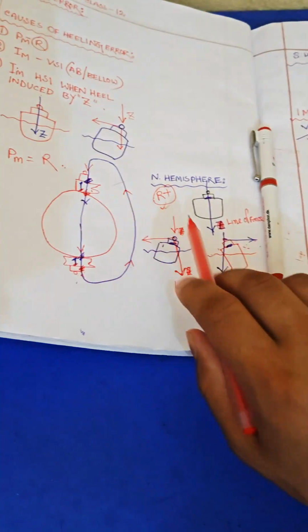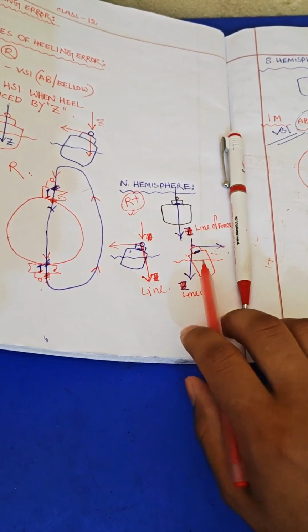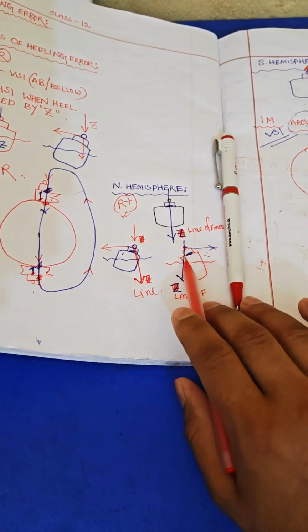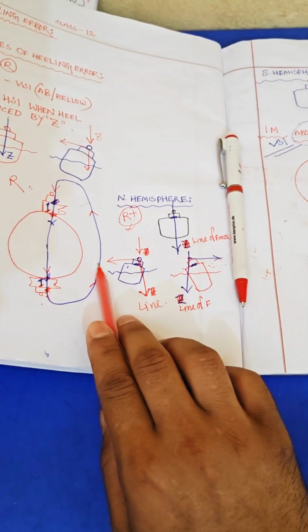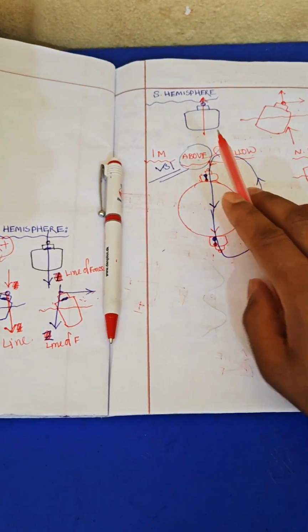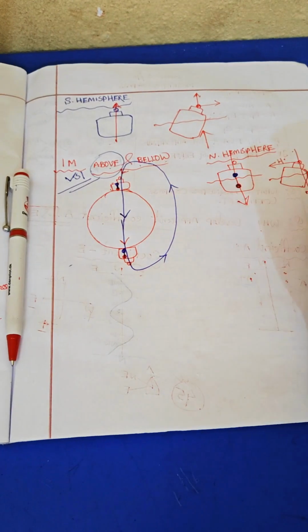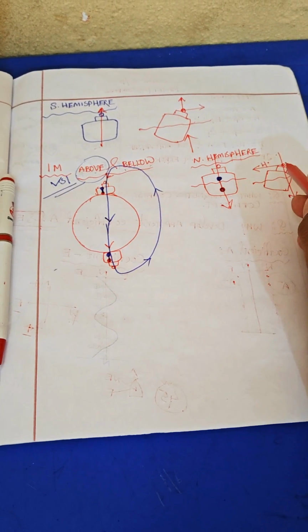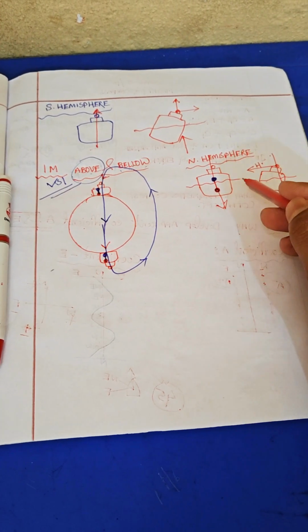So we can see from here also, in the northern hemisphere the vertical component is downwards, no problem, but the horizontal component is towards the high side of the roll. So here also for the induced magnetism BSI below, in the northern hemisphere the horizontal components act towards the high side of the roll, so deviation is towards the high side.